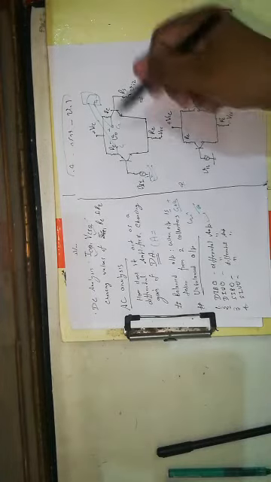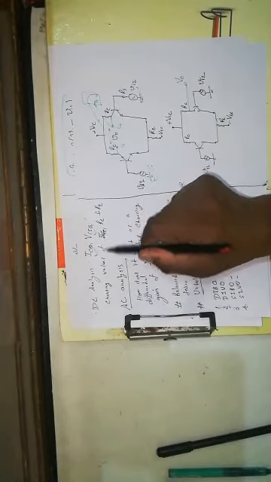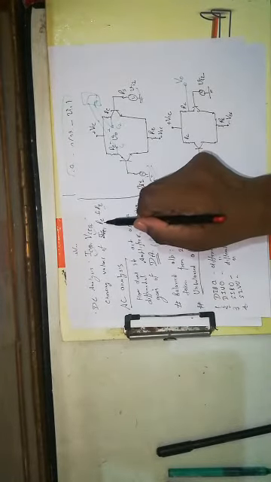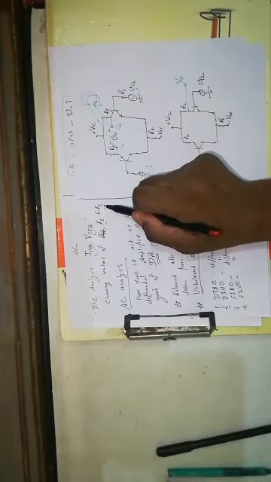Similarly, here we will find ICQ and VCQ because two common emitter amplifiers are directly coupled here. By this analysis we choose RC and RE, the values of the collector resistance and emitter resistance. Now the second thing is AC analysis.